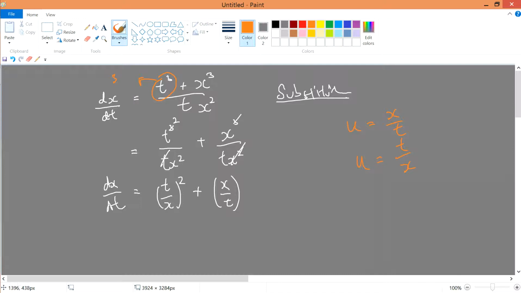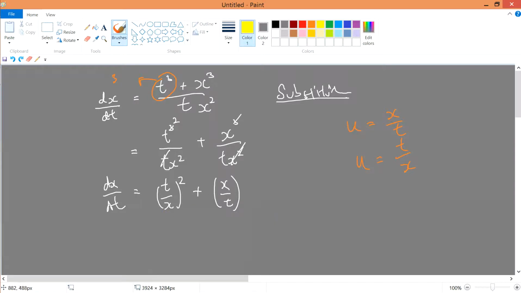If I were to do substitution, it really depends on the situation. But I would suggest you choose something without any order, like this one, where there's no order at all, it's just 1, instead of this one, which has a 2 over here. It's not that good.